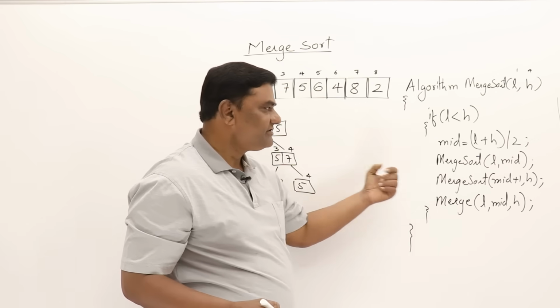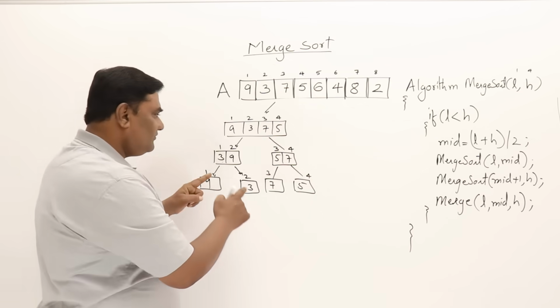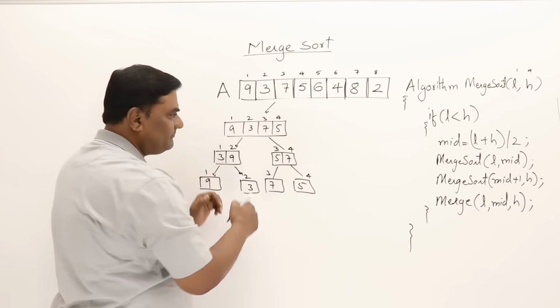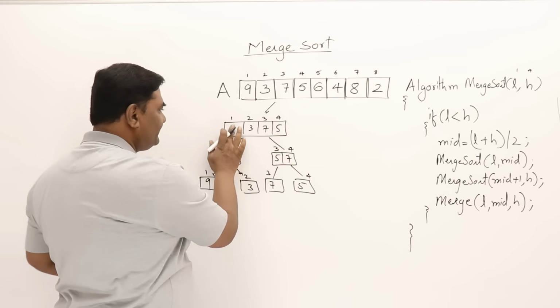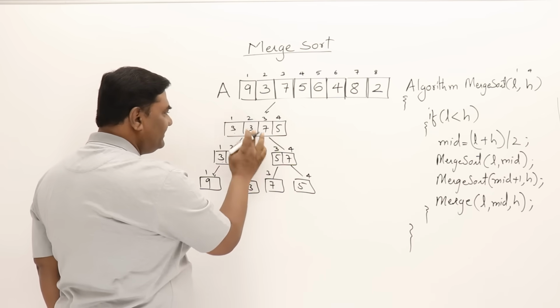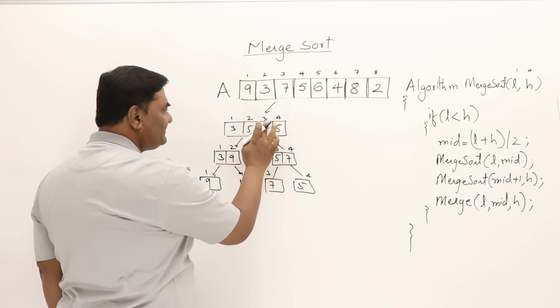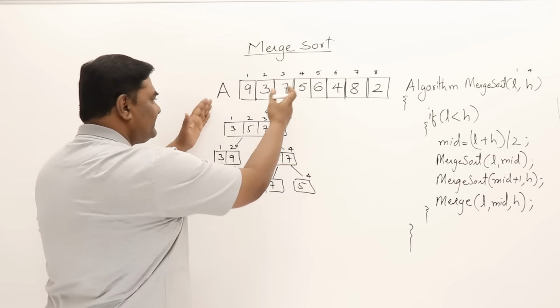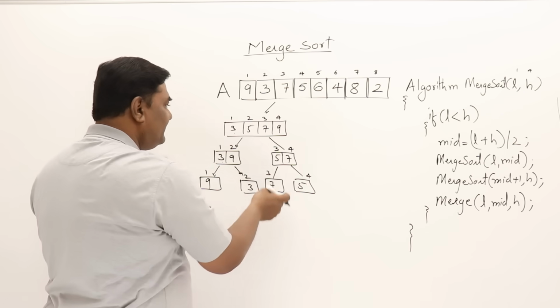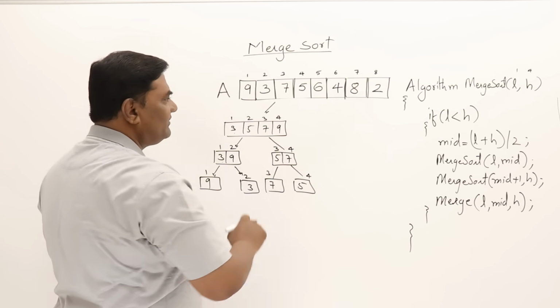Second call has finished. Now this side is completed, this side is completed. So what is the next step? Merge. So these two are merged, so this becomes 3, then 5, then 7, then 9. So that's how it has split, then split, then split, then merged. So till here it got the result.